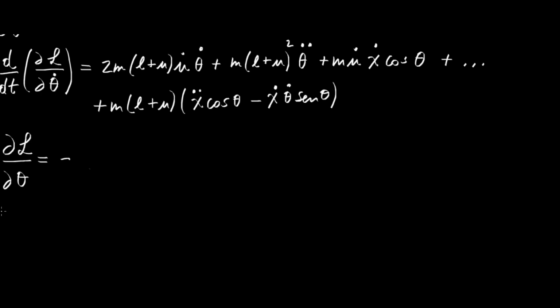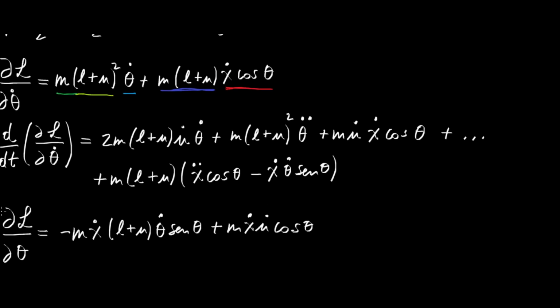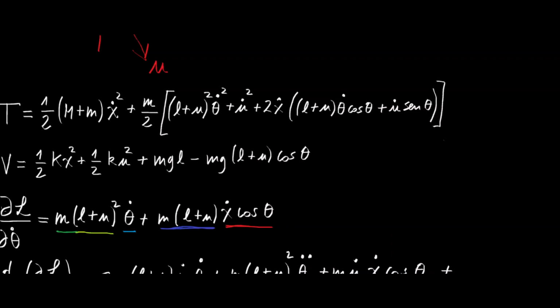First, from the kinetic energy: minus x dot (L plus u) theta dot sine of theta, plus m x dot u dot cosine of theta.